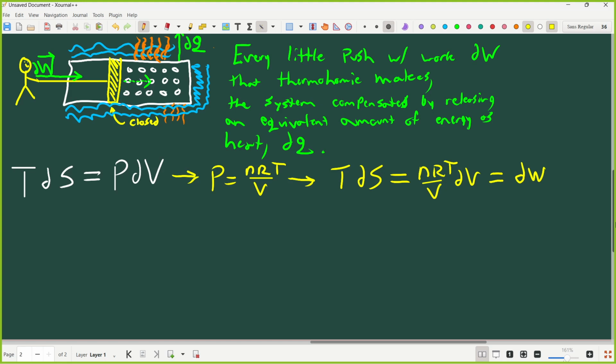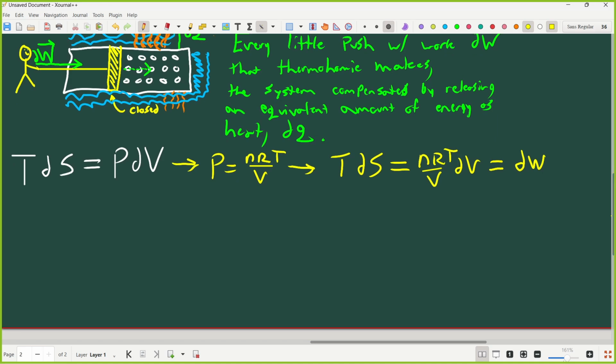Okay, so what I want to think about now is, we have pressure and volume here. I want to plot the pressure and volume of my system as I move along the ideal gas at a given temperature. How do pressure and volume vary? Well, they vary as 1 over each other.